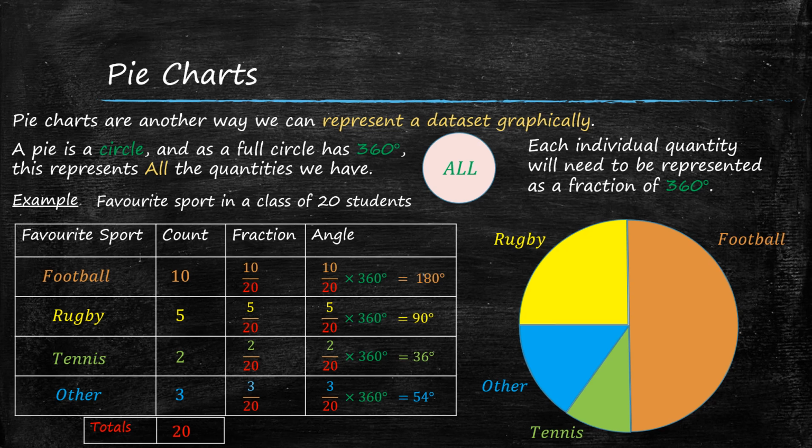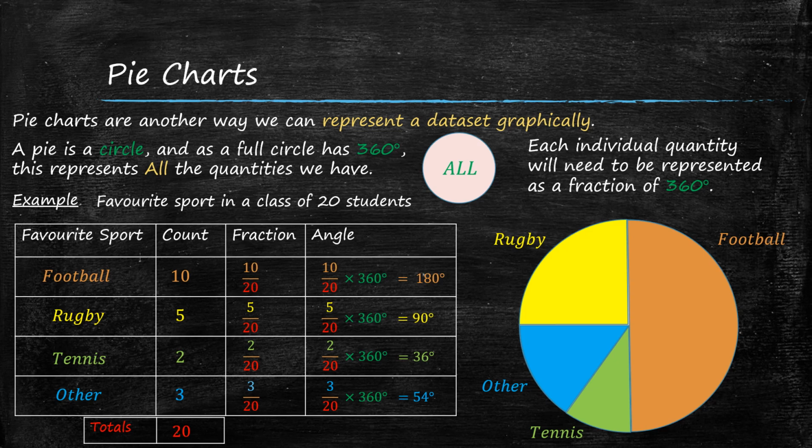And that's our full pie. It all adds up to 360 degrees. So we've taken our data set, our favourite sports data set for a set of 20 students, and we've represented that as a pie chart. We took the count for each sport, we represented it as a fraction, we worked out the angle or the slice of the pie for that sport, and thereby we were able to draw the pie chart.